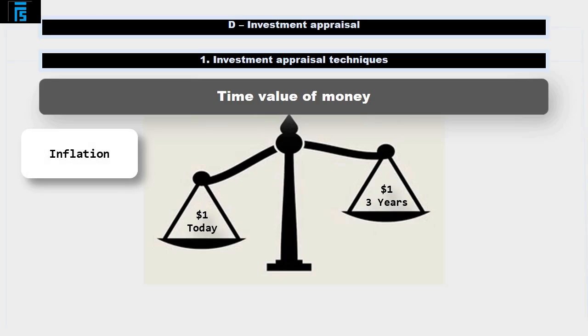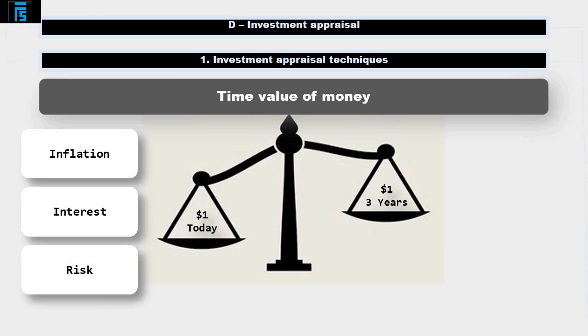Firstly, inflation. You can buy more with $1 today than you could with $1 in 3 years' time, as prices tend to increase periodically. Secondly, interest. You could put $1 into a bank account today, and over 3 years, it would accumulate interest to grow into something bigger than $1 in 3 years' time.